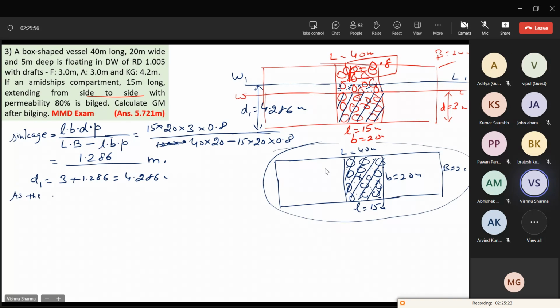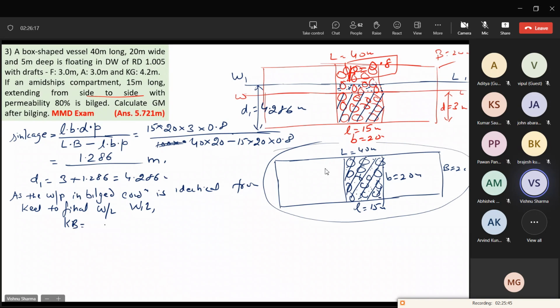I'll write like this, just for the sake of good order. As the water plane in bilged condition is identical from keel to final water line W1 L1, KB final will be equal to D1 by 2, equals 4.286 by 2, which is 2.143 meters.